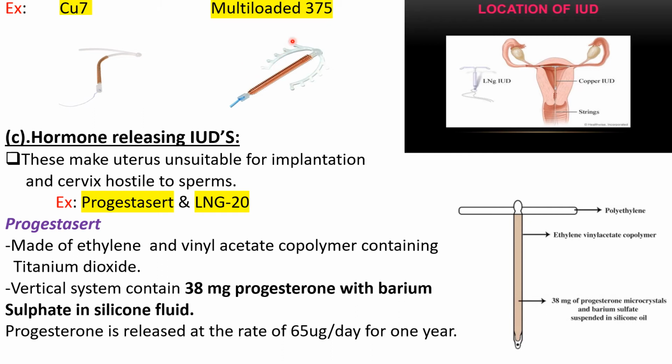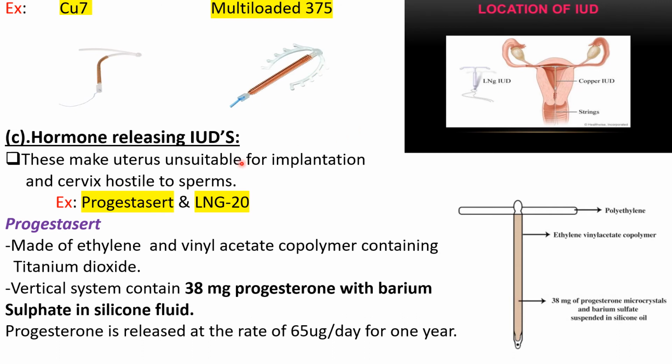Another one is multiload 375; this structure is multiload 375. Coming to this picture, you can observe the insertion and fixing of the copper IUD inside the uterus. This is the uterus. Inside the uterus, you can find the T-shaped device, which is a copper intrauterine device.